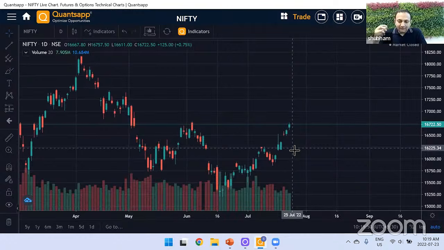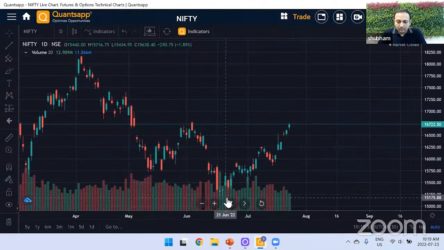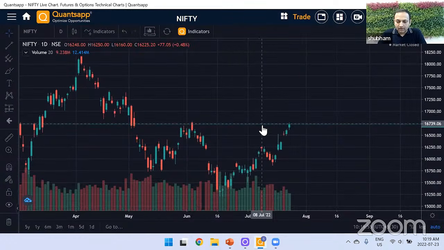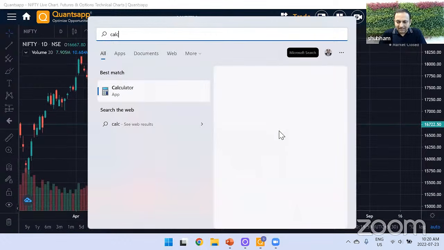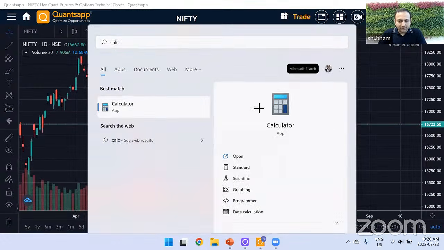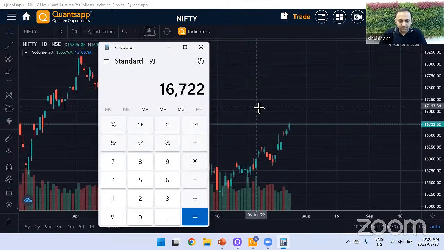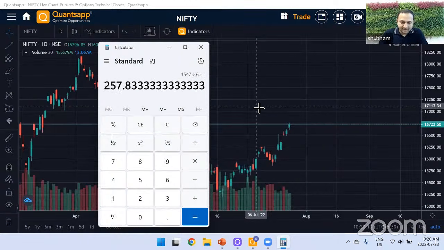And if I'm writing weekly options, overall the low was roughly 15,175 and the high was 16,722. So about 1,500 points the market has moved. And if there were 6 expiries inside it, then on average, roughly a 250 point move in the underlying, and the market has gone up.